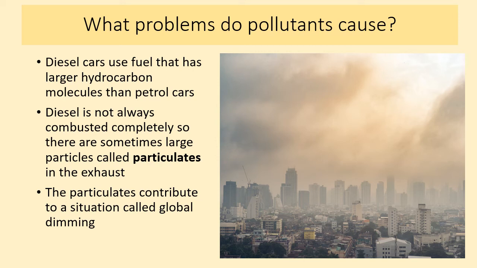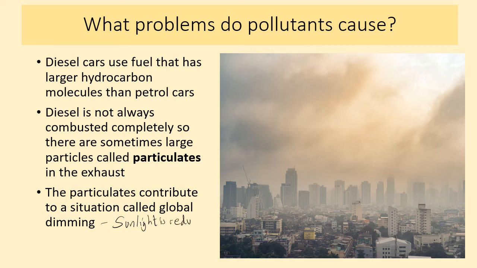And diesel is not always completely combusted, especially if the temperature does not get high enough, so on short journeys. Those particles are sometimes so large they are emitted in the exhaust, and they are called particulates. Particulates contribute to a situation called global dimming, which is where the sunlight getting through is reduced.